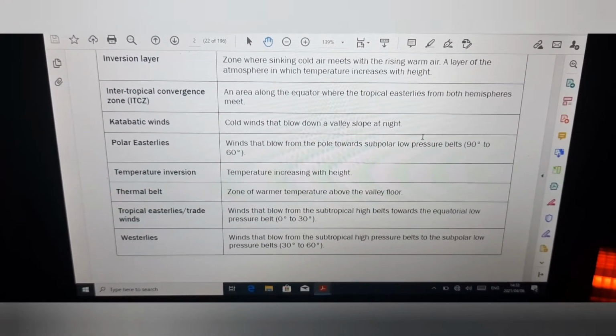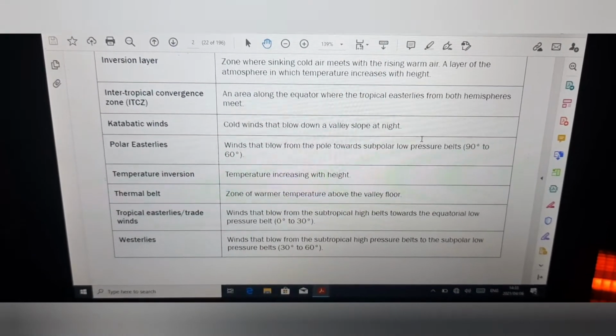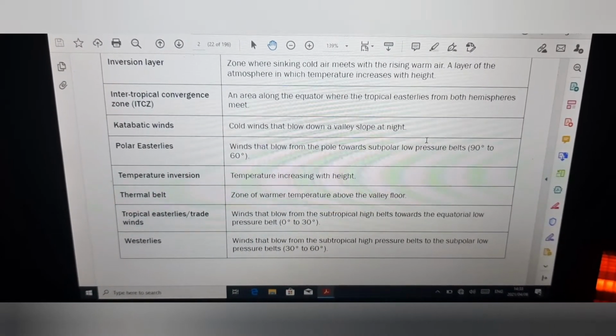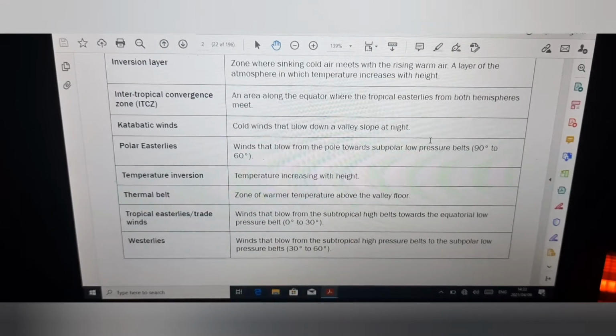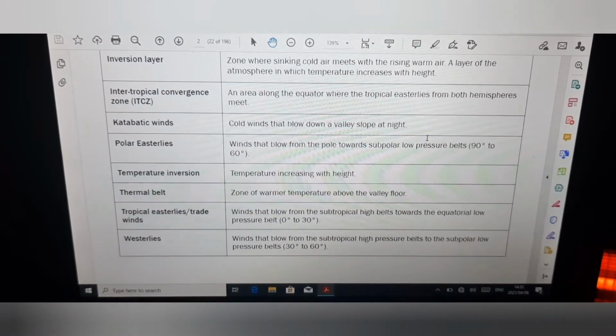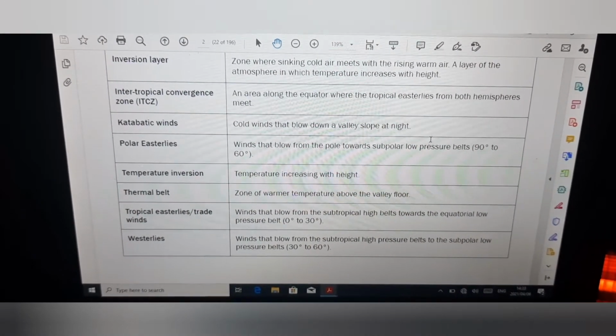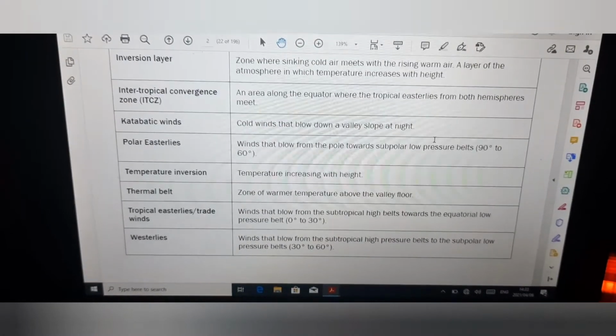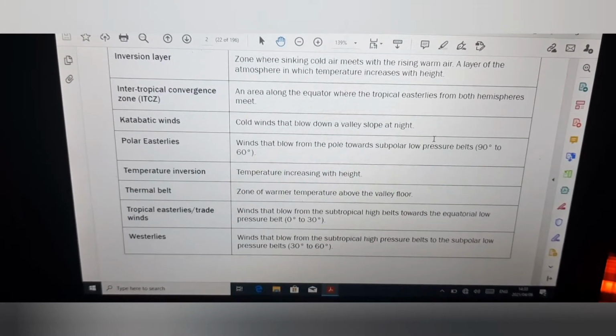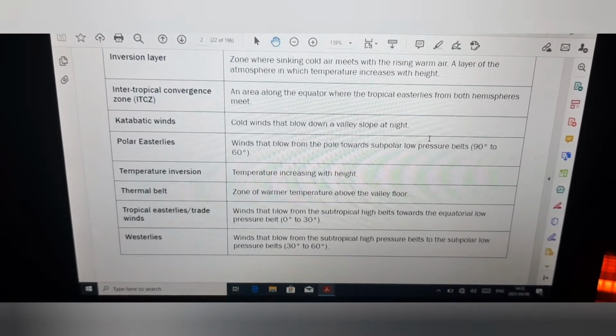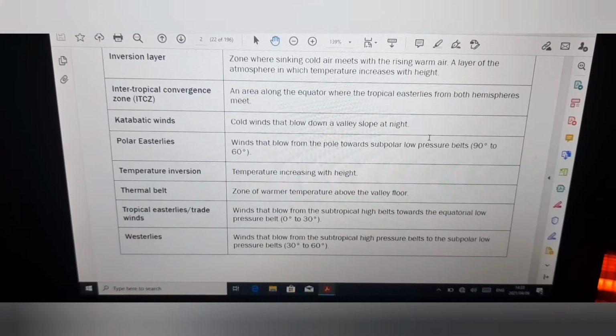Remember, anabatic winds blow during the day.